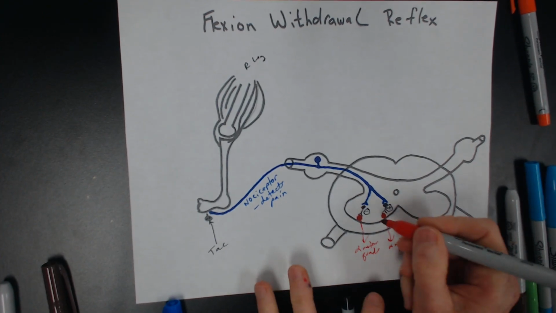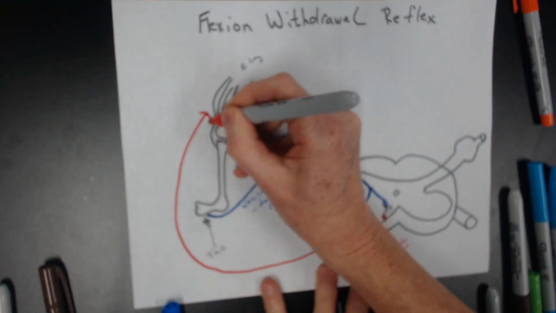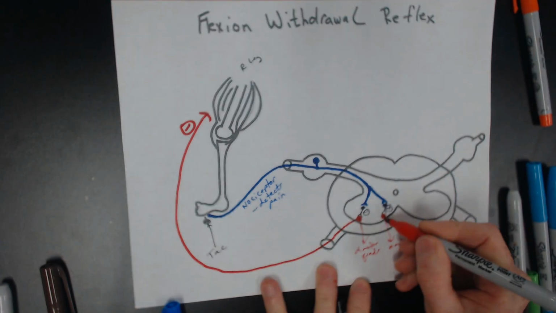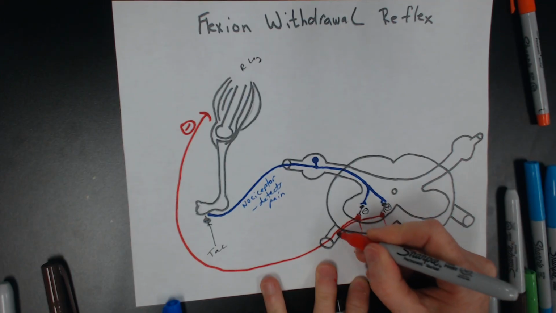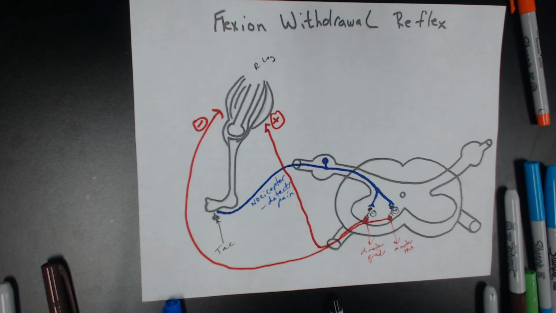So I want quads to be inhibited, and I want my hamstrings to be activated. Does that make sense?